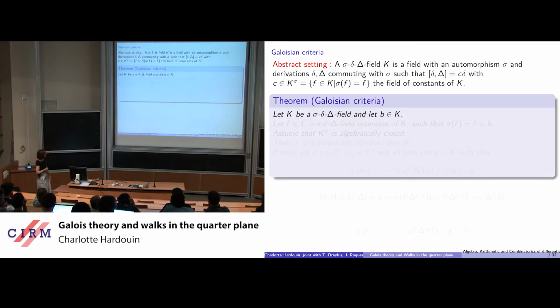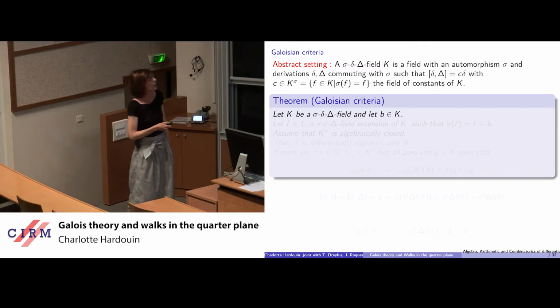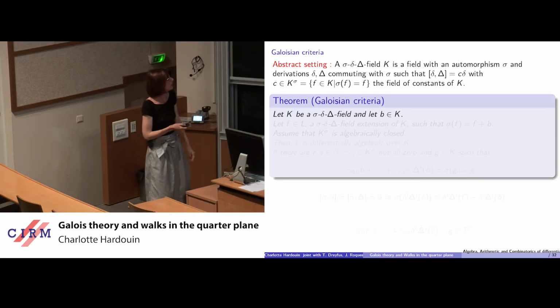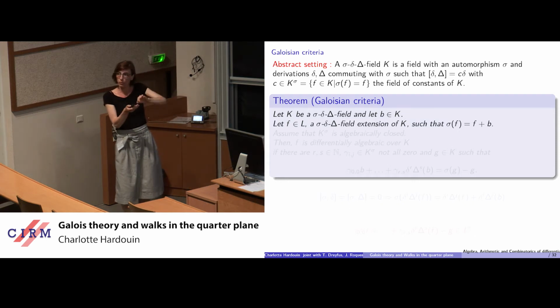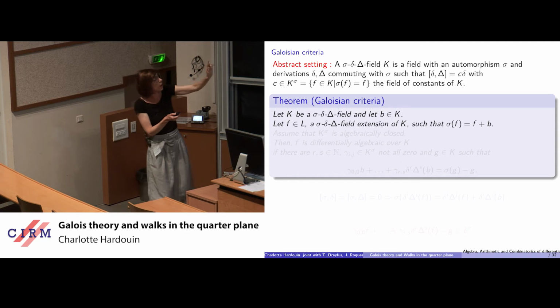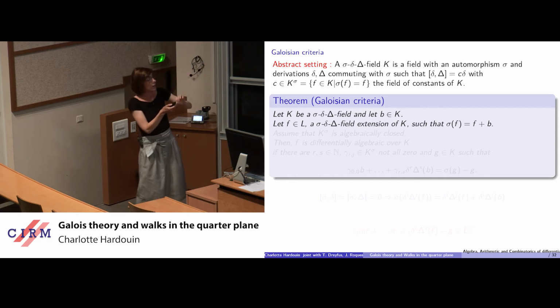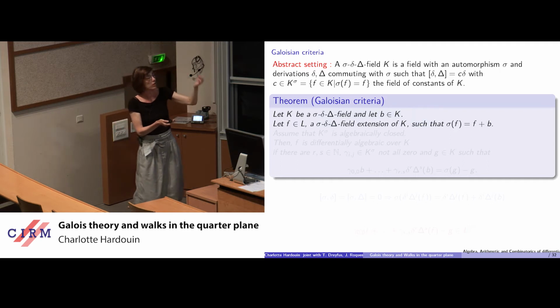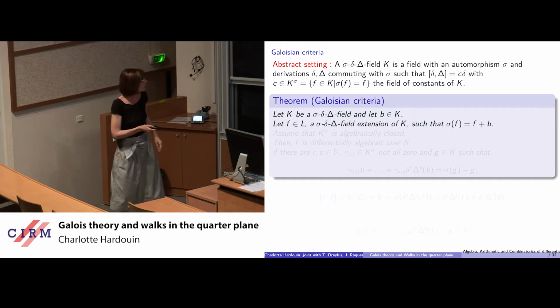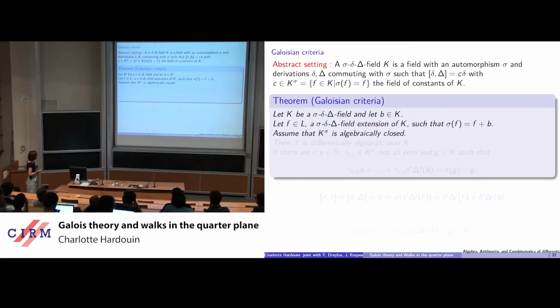Now the Galoisian criterion is as follows. So I have the sigma delta base field, and I take an element b in K. So I suppose that I have found a solution of my equation sigma of f equals f plus b in some field extension of my base where I can derive with respect to the 2 derivations. And I assume that the constants for the discrete operator form an algebraically closed field.